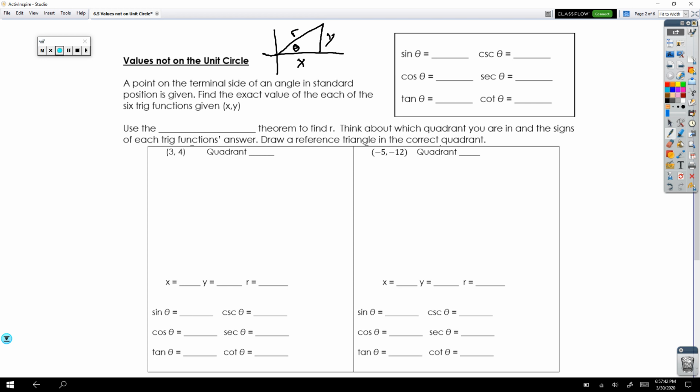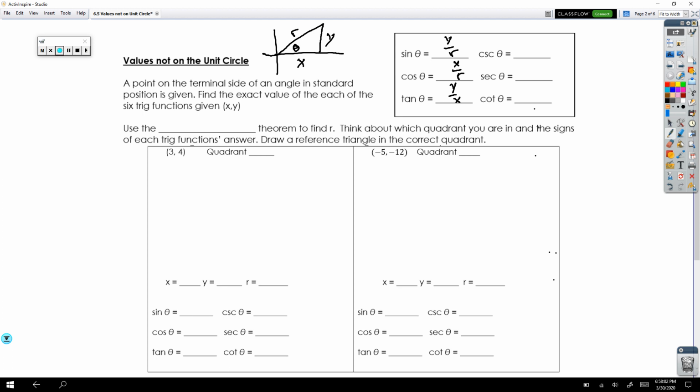So here's my angle theta. Opposite over hypotenuse would be y over r. Cosine is adjacent over hypotenuse, so we have x over r. Tangent stays the same. Tangent is opposite over adjacent, so y over x.